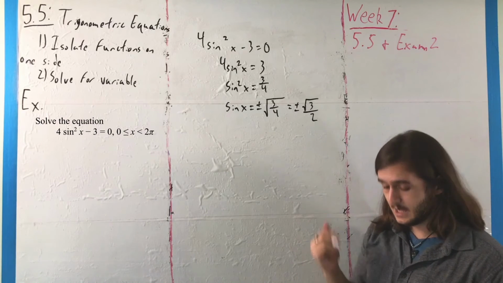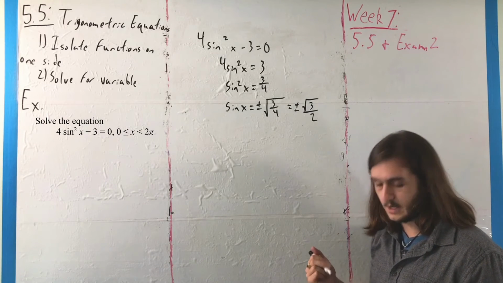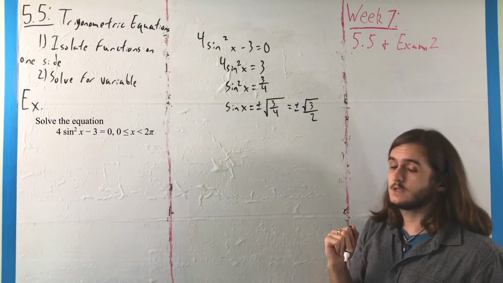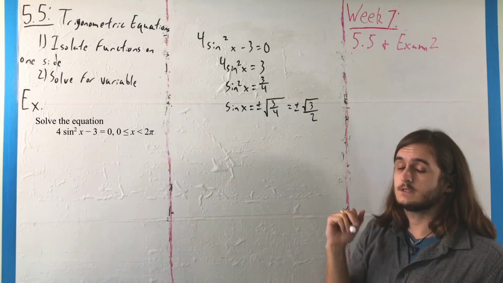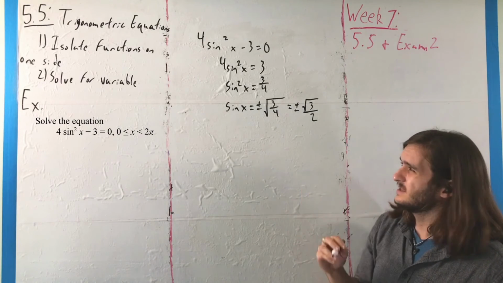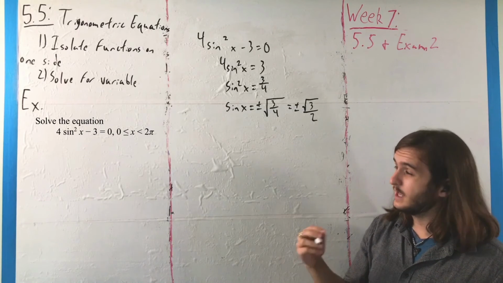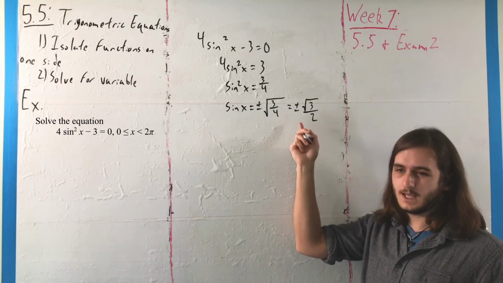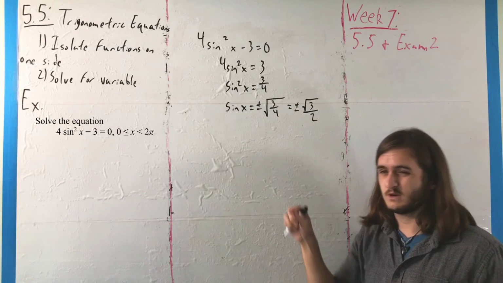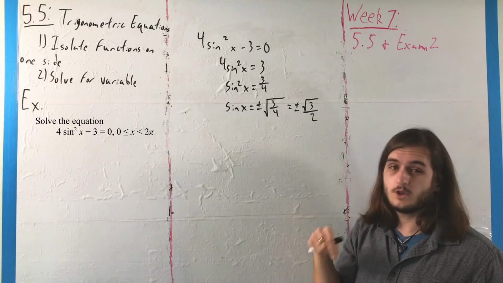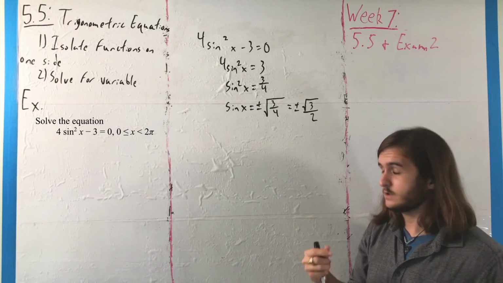Which again is one of those common types of things. It's a common value for the sine function, where since we're looking from 0 to 2 pi, we don't care about the negative in terms of the angle, but we do have to be mindful of the fact that we can get negative root 3 over 2. So we're going to get all of the options coming all the way around the unit circle here.